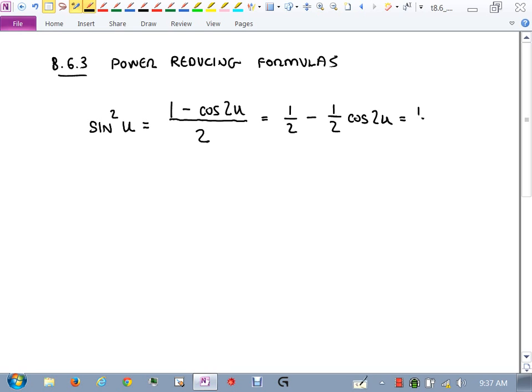Or you could even pull the 1/2 out like that. So this is the way it's written on your sheet. I split it into two fractions because I have two terms on the top, one on the bottom. So here it is as two fractions. Do y'all see that? And then if you factor out 1/2, it's just this. So feel free to use that on your formula sheet.